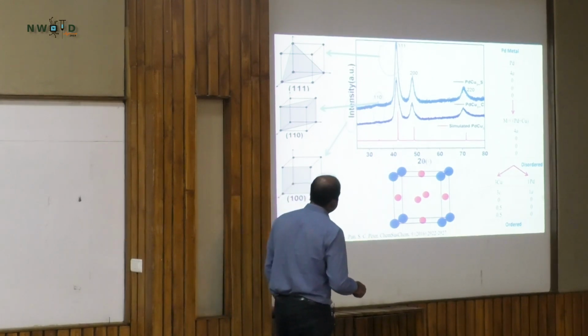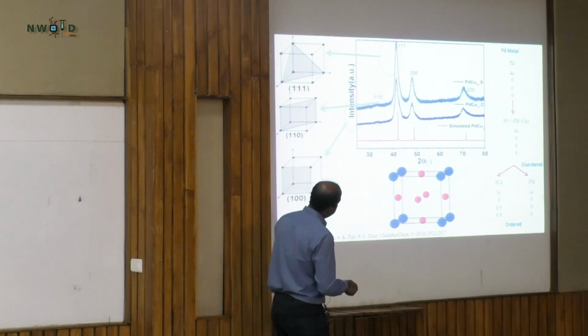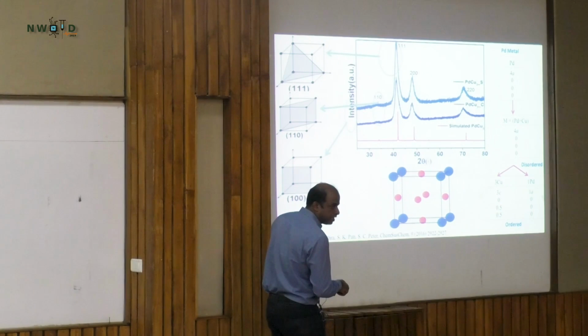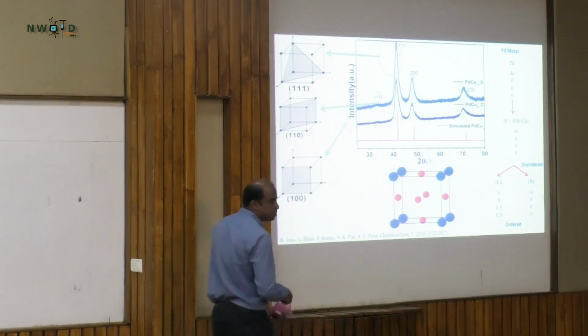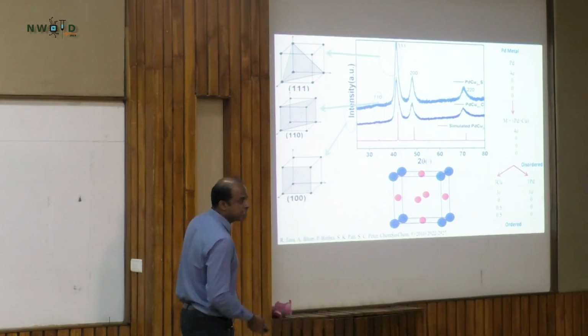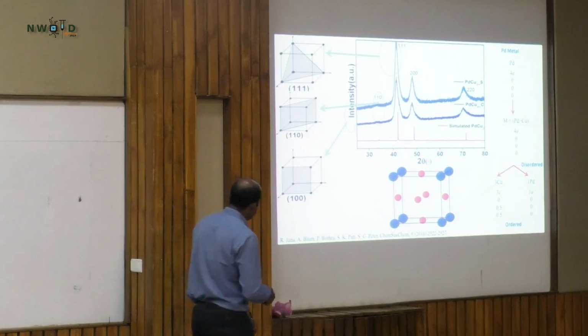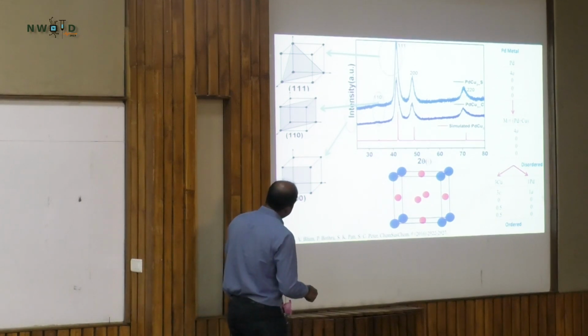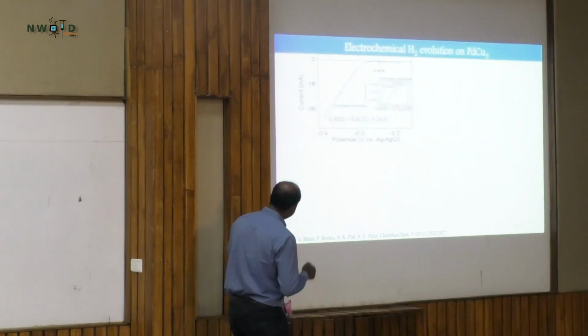For example, if it's disordered, it will go to any position. If it's ordered, palladium finds a position at 0, 0, 0, and the copper will be in this position. We can actually see which position through detailed crystallography studies, EXAFS, and other studies. So you see this model: palladium has its own position, and copper has its own position.